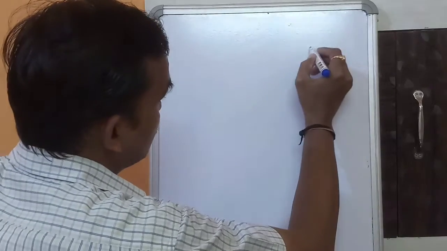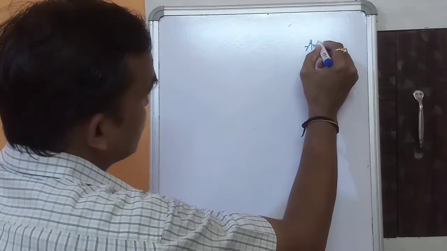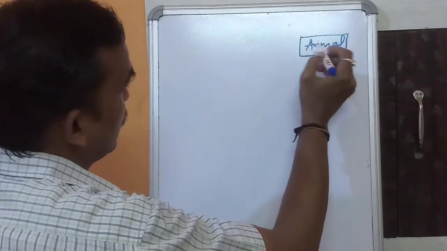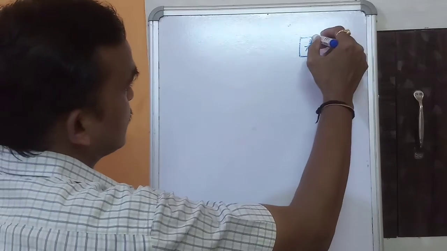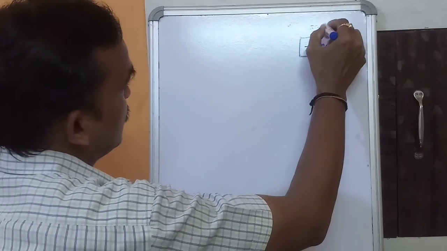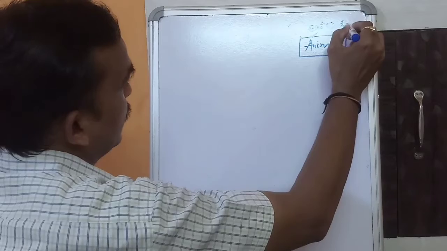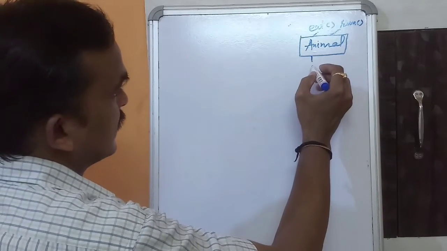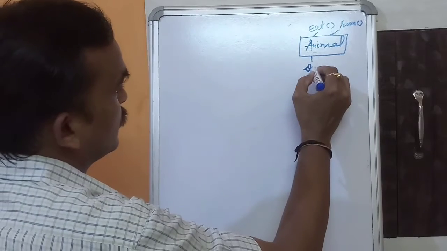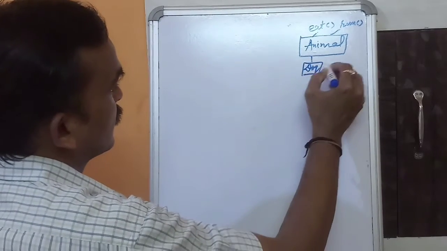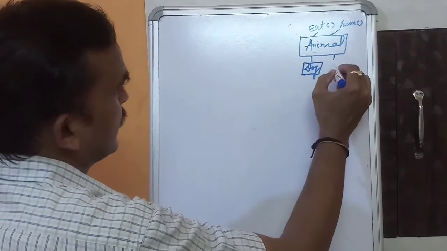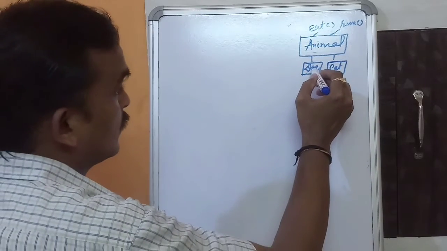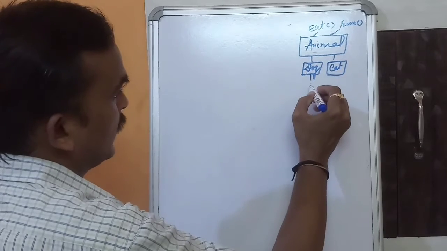For example, there will be one class, say Animal, and that Animal class has some methods like eat and run, and this class has objects like dog or some other object like cat, and we have a name of an animal, that is dog, and the dog is named Joy.